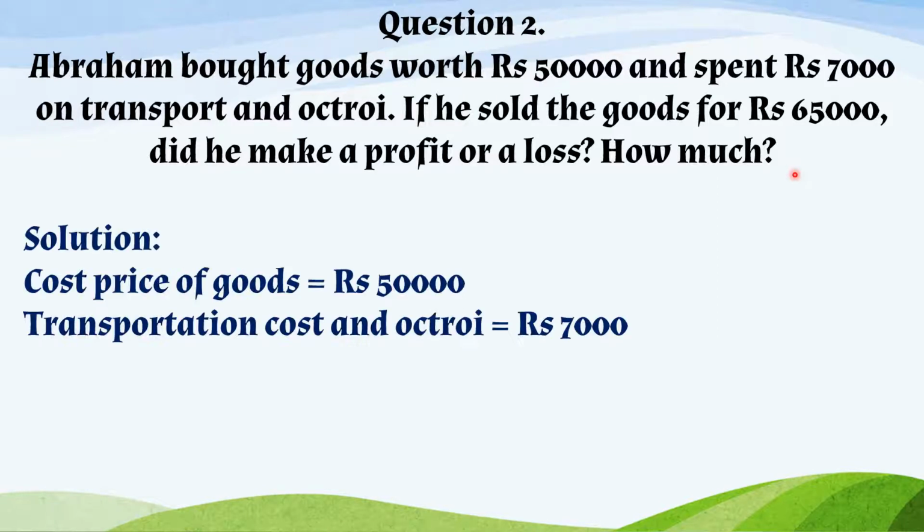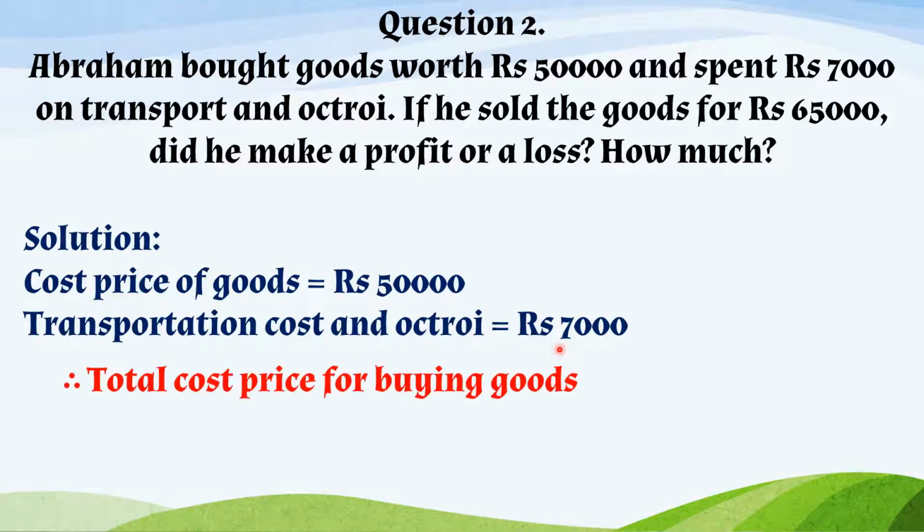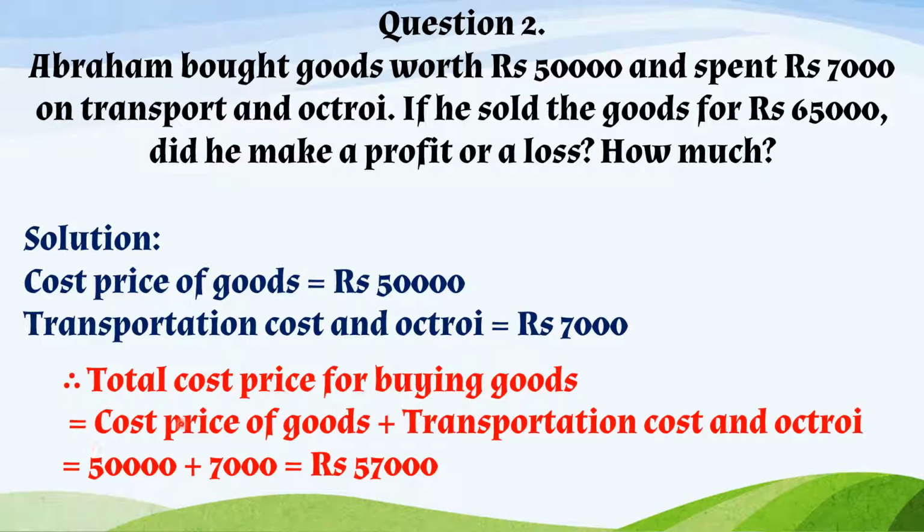So, here the cost price of goods is rupees 50,000 and the transportation cost and octroi is rupees 7,000. So, the total cost price for buying goods is equal to the cost price of goods plus transportation cost and octroi. So, the cost price, 50,000, plus transportation and octroi cost, 7,000.